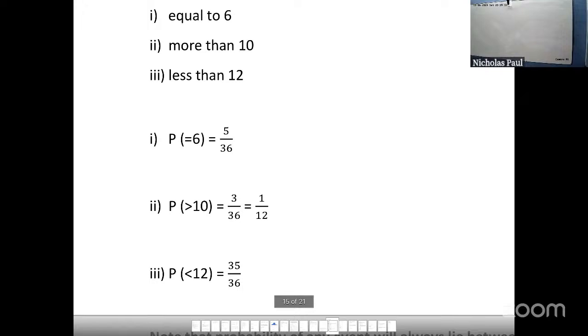Less than 12 means everything except 6 and 6, so that's correct.